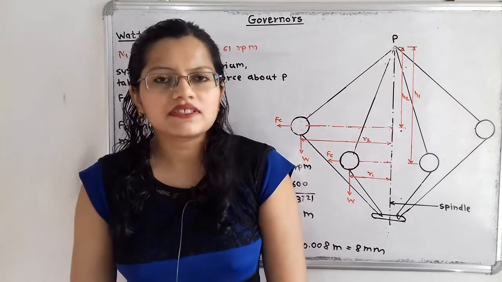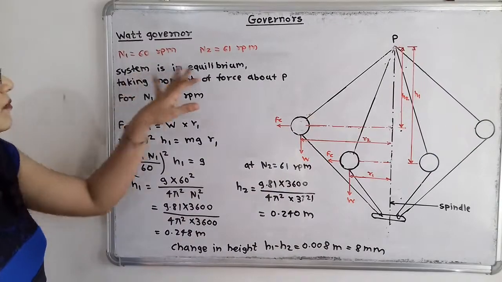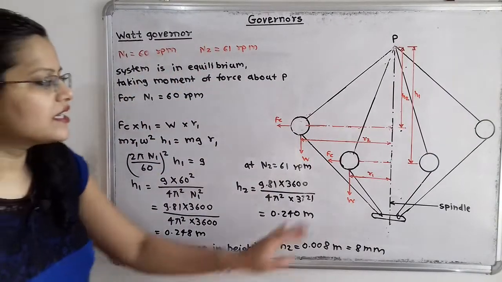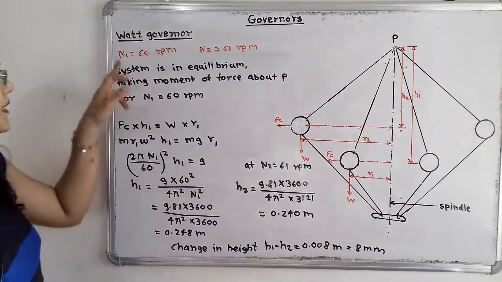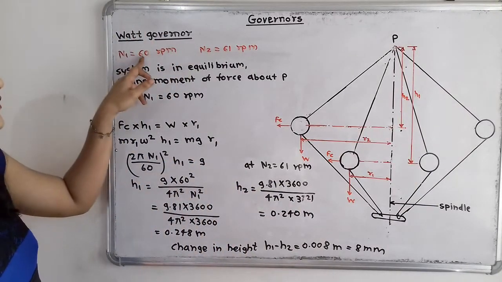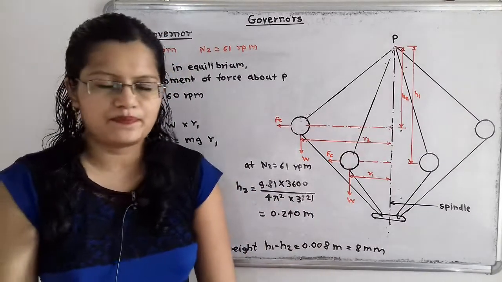Now we will first consider the equilibrium of this system. We consider the fly balls rotating at minimum speed, n1 equal to 60 rpm.